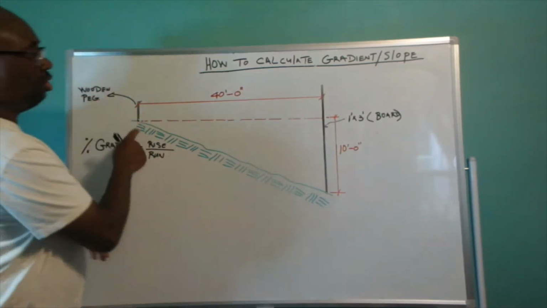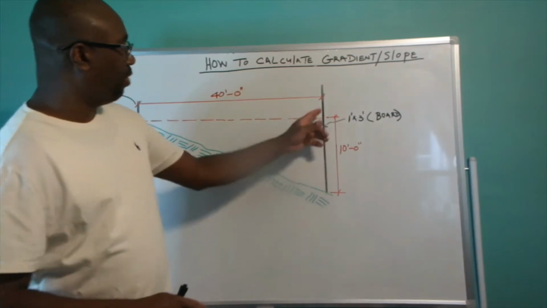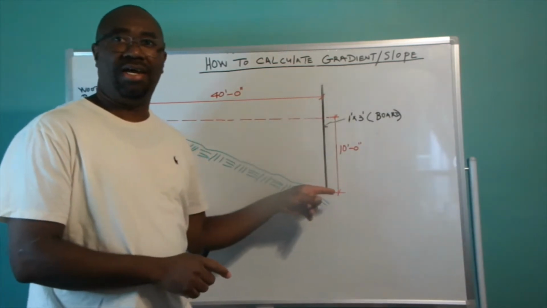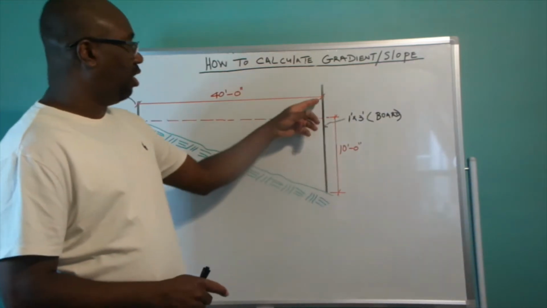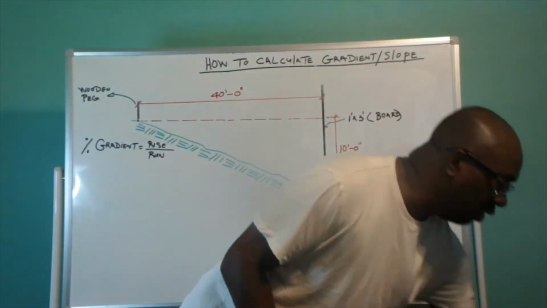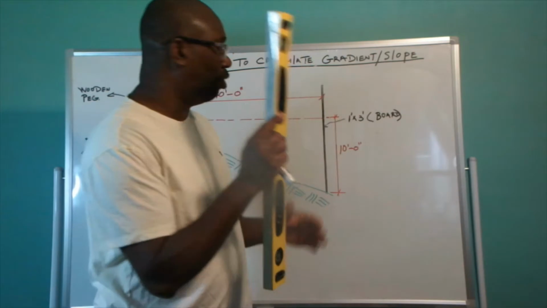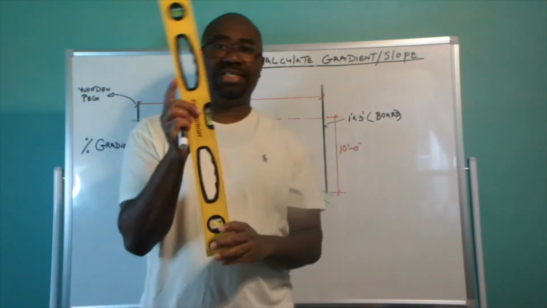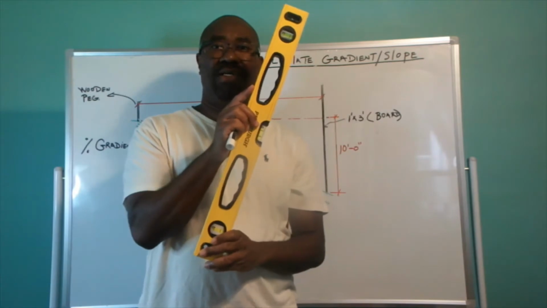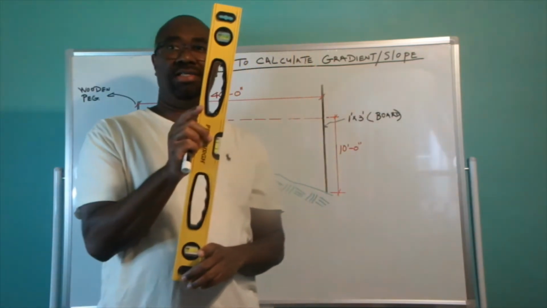And you're going to have a person on the opposite end of the land with a 1x3 lat, and you're going to ensure that you use the line level to plumb this 1x3 lat, because if it is slanted, it's going to affect the reading of the gradient, and we don't want that.